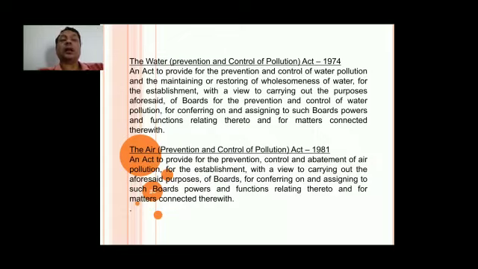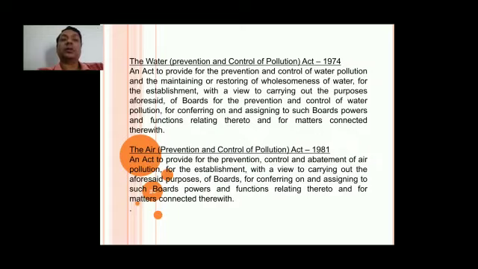The Air Act 1981, an act to provide for the prevention, control, and abatement of air pollution, for the establishment of boards, for conferring on and assigning to such boards power and function relating thereto, and for matters connected therewith.